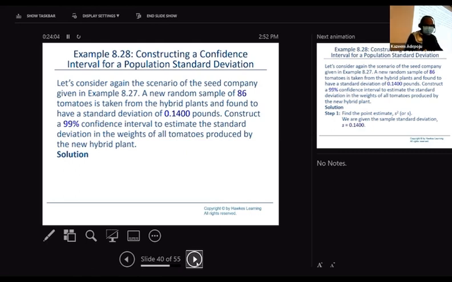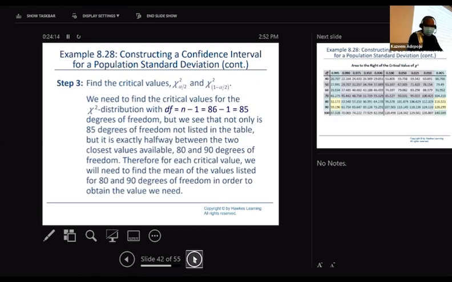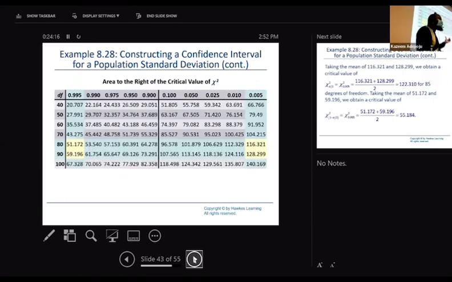You are asked to construct a 99% confidence interval. Now take a look at that 86. If I find the degrees of freedom, 86 minus 1, that gives me 85. When I go to the statistical table, oh my God, there is no 85 in this table.